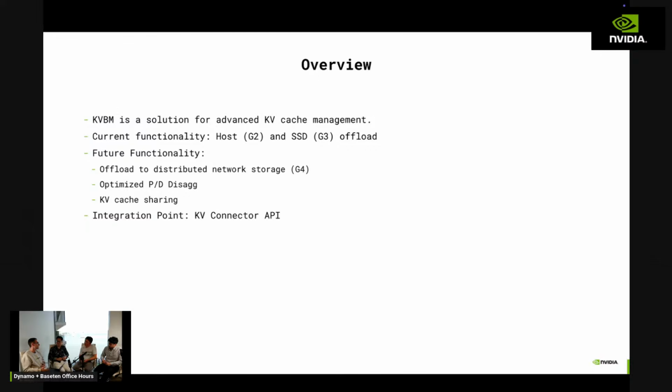Another one is KV cache sharing. This could be super useful for something like KV-aware routing. For example, say you're routing between two different TRTLM workers, and your router sees that you get some request.